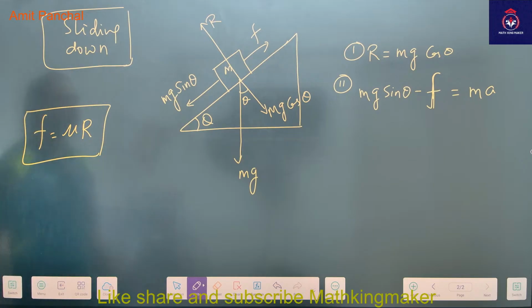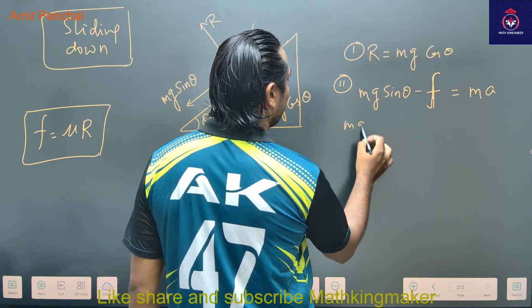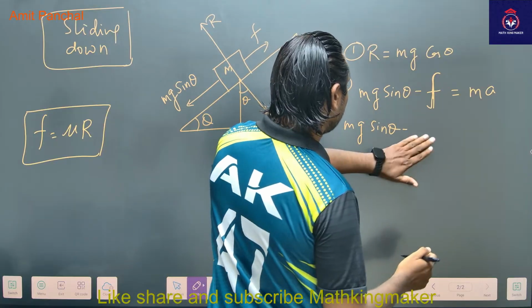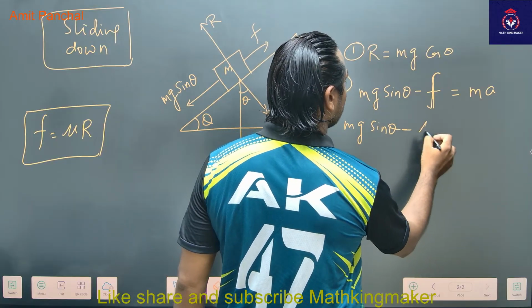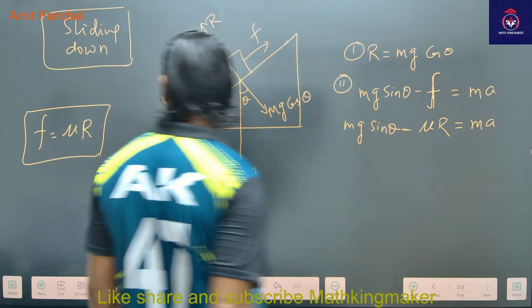So we can replace force of friction by mu R. So we can write mg sine theta minus mu R equal to ma.